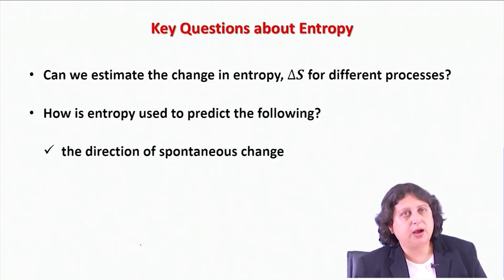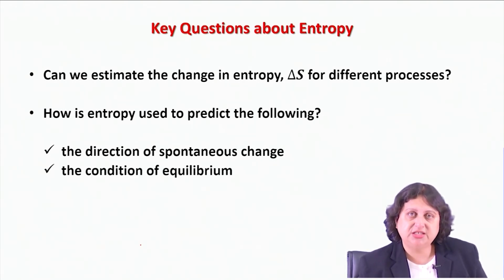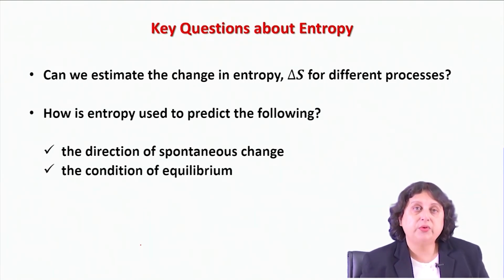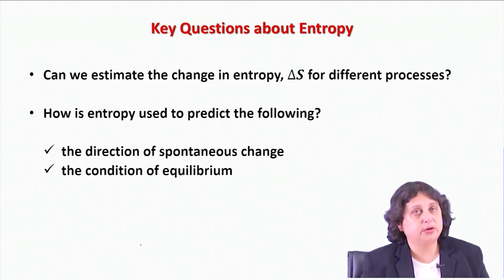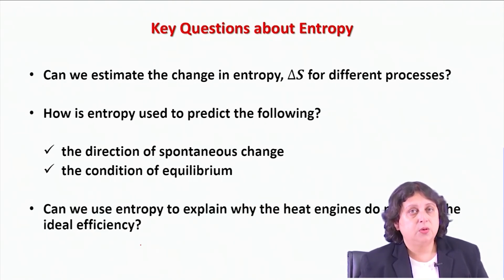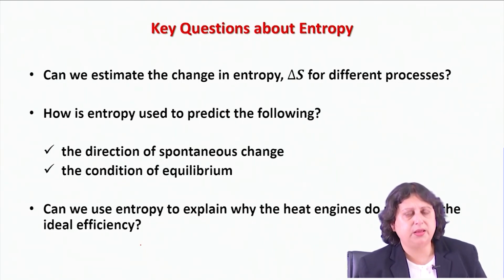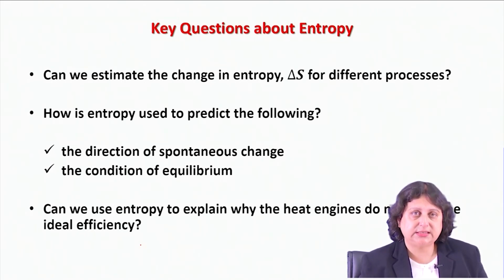Especially, we would like to understand if entropy is useful to predict the direction of spontaneous change in state of a system and the condition of equilibrium that the system will achieve when it is allowed to undergo a change in state. And finally, we would also like to understand the connection of entropy to explain why heat engines do not have ideal efficiency.